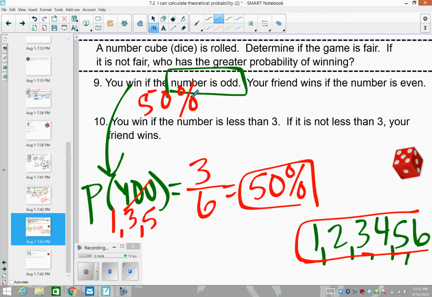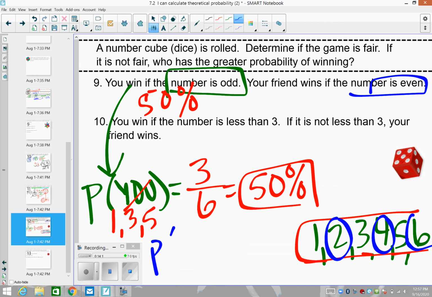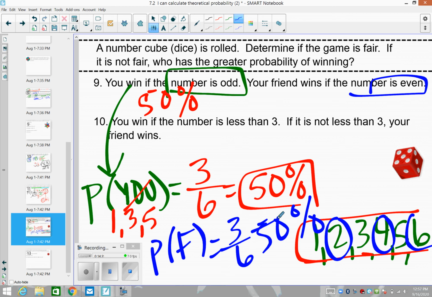Awesome. Your friend wins if the number is even. So what's the probability that your friend wins? Well, your friend wins at 2, 4, and 6, which is 3 out of 6, which is 50%. So first of all, determine if the game is fair, and we say yes, that game is fair.